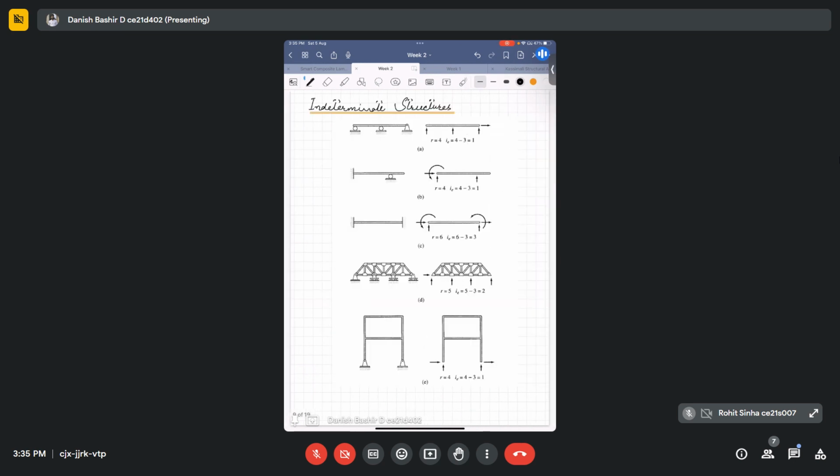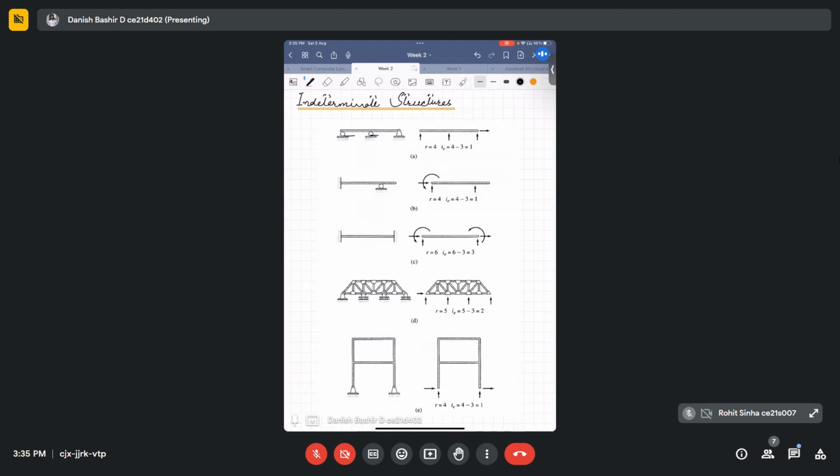Let's see a few examples in which the number of reactions or unknowns is greater than the available three equilibrium equations. For example, we have this continuous beam supported on two roller supports, and at one end on a hinge support.